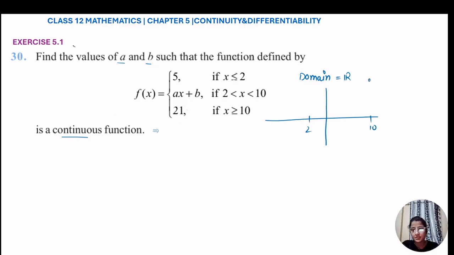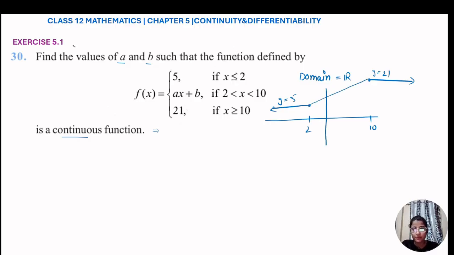From 10 your function is defined as 21, this is the line y equals 21, and up to 2 your function is defined as 5, this is the line y equals 5. Now in between, ax plus b is the equation of a line, but you want your function to be continuous, so your graph should not have a jump. So from 2 to 10 your function should look like this, right?